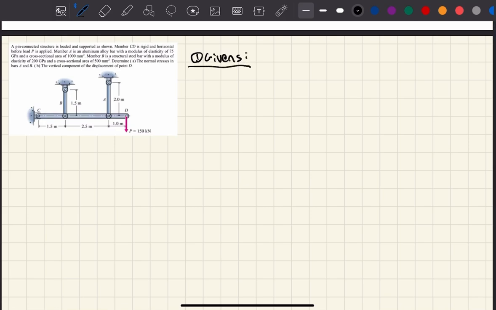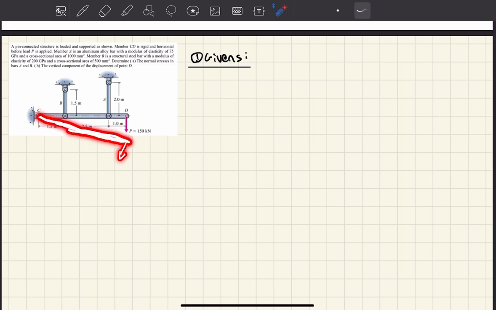We have a bunch of bars in our question, but most importantly, I want to emphasize that bar CD is rigid. So when it does deform, and this is very important later on, let's say it deforms like this due to this force P, exaggerated, it's going to be perfectly straight. Ignore my drawing.